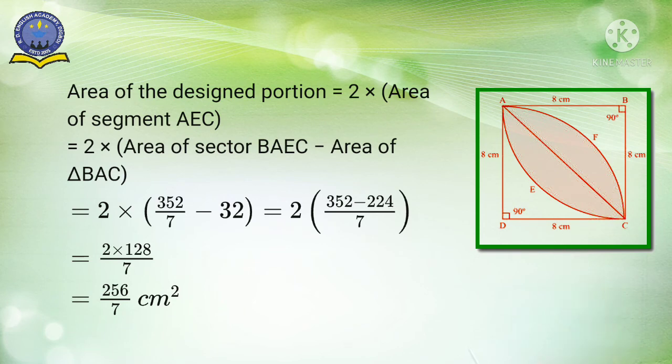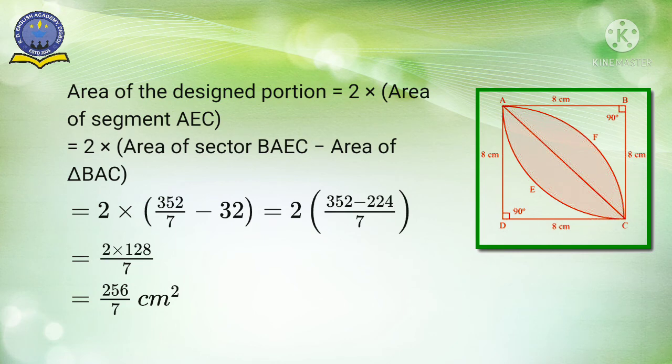So 2 into area of the sector BAEC minus area of the triangle BAC. That is 2 into 352 by 7 minus 32, and finally we get 2 into 128 by 7. The answer is 256 by 7 centimeter square. This is the area of our required design.